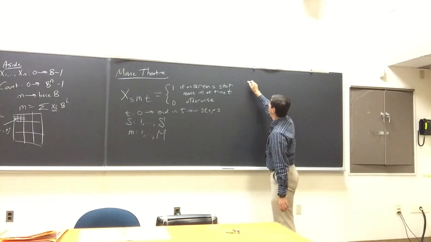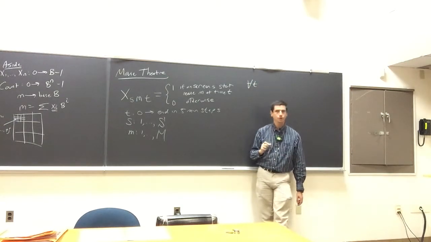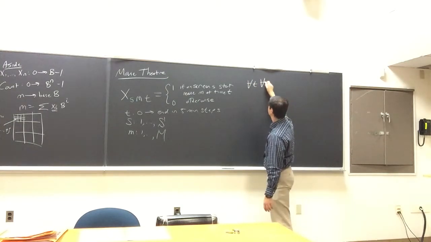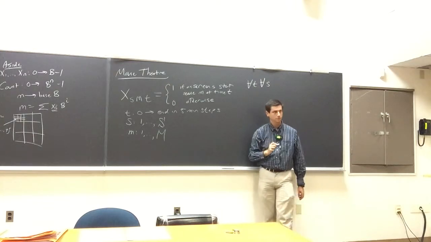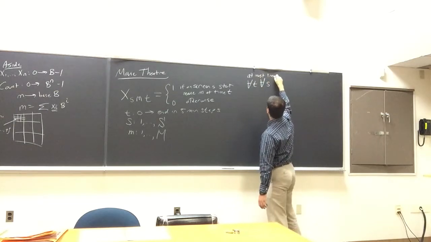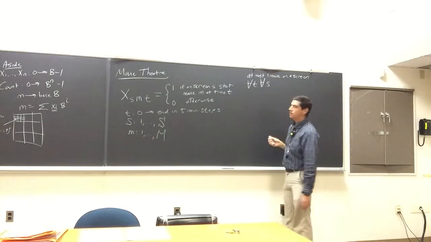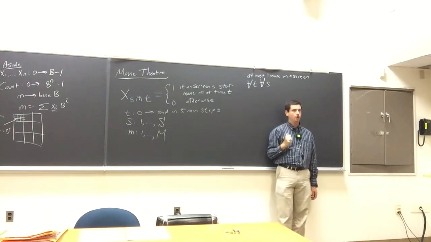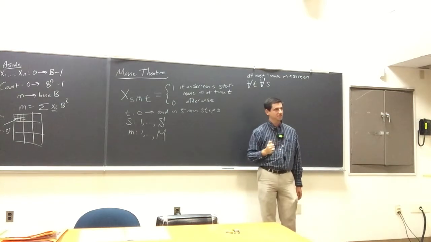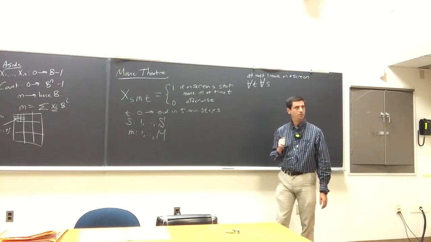So for all t, for every time, for all screens, at most 1 movie on a screen. I want to make sure that there's at most 1 movie playing on this screen at this time. Maybe fix S and then sum over M and T and see that it's just less than equal to.